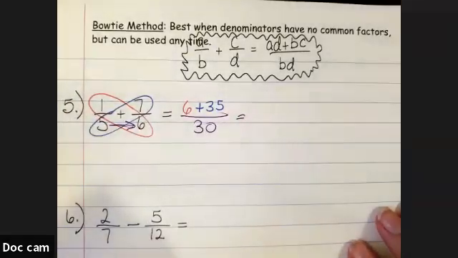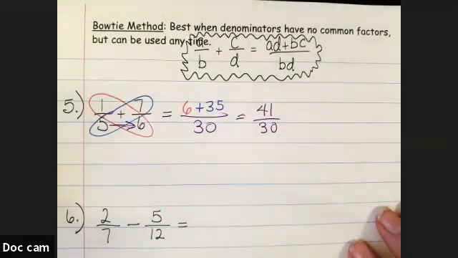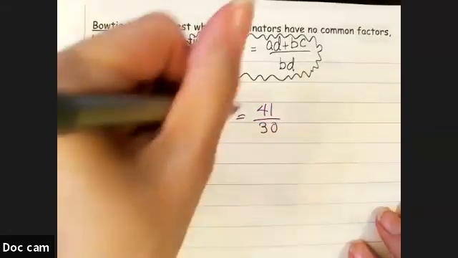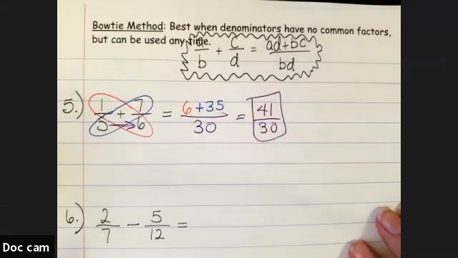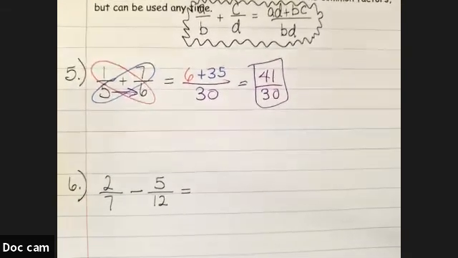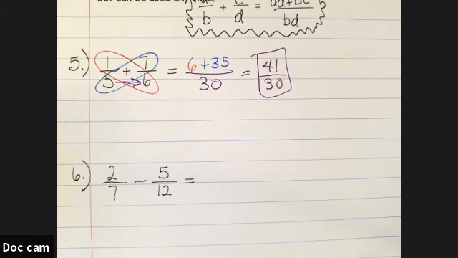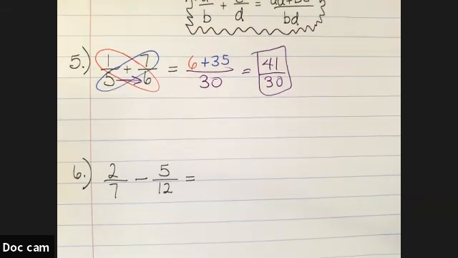So then 6 plus 35 would equal 41. So 41 over 30 would be your final answer in that case. All right. Any questions about that?